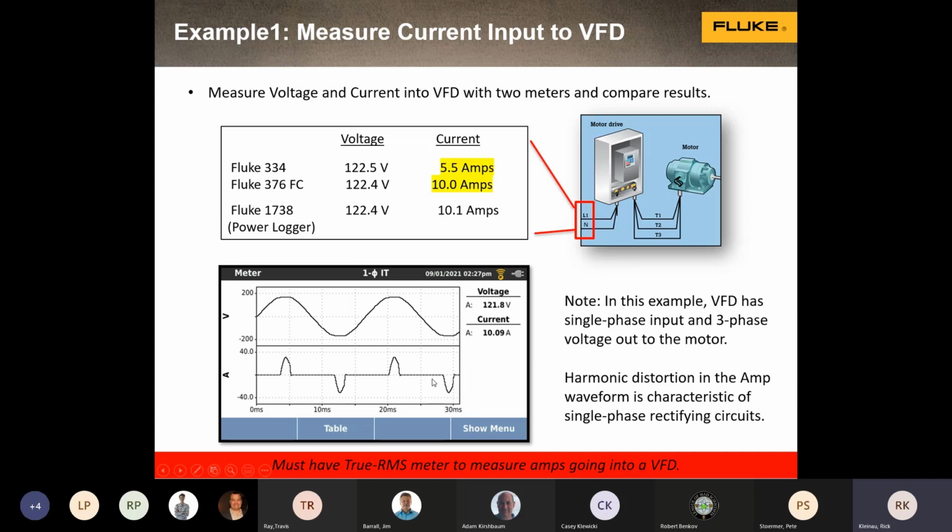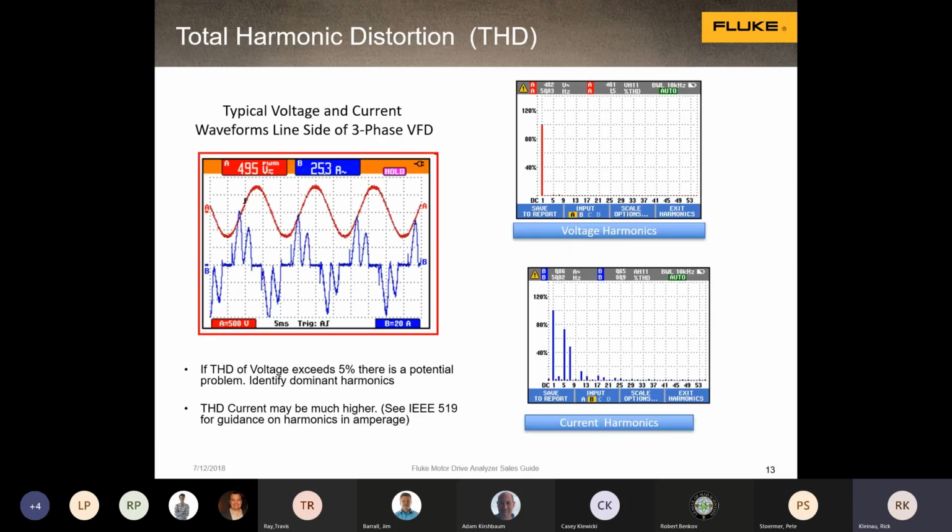So office buildings, all your PLCs, your HMIs, all that stuff that runs off single phase voltage, if they have a computer in them, the harmonics in the amps are going to look like this. So the crest factor spec is an indication of how the meter is going to handle harmonic content.